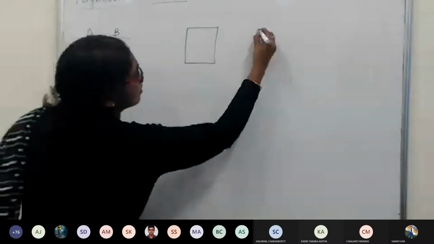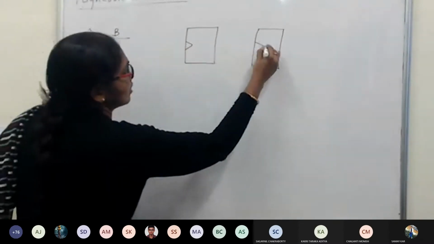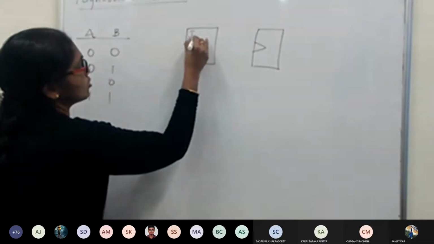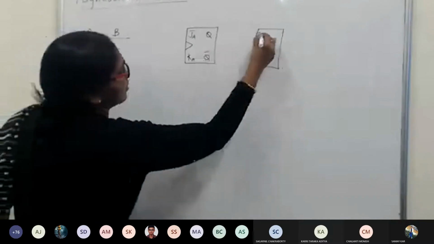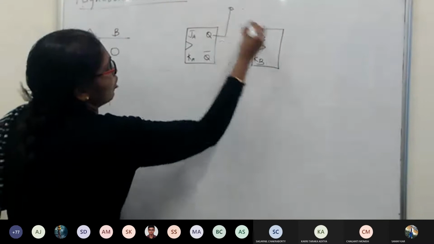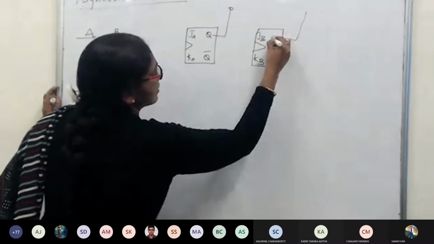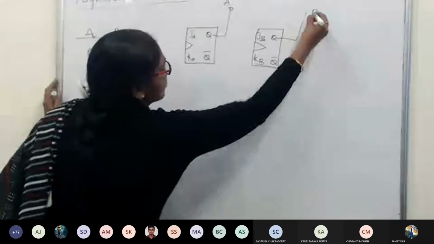I'll try to do it using the same method. Outputs are ready anyway. A and B, 2 separate flip-flops.